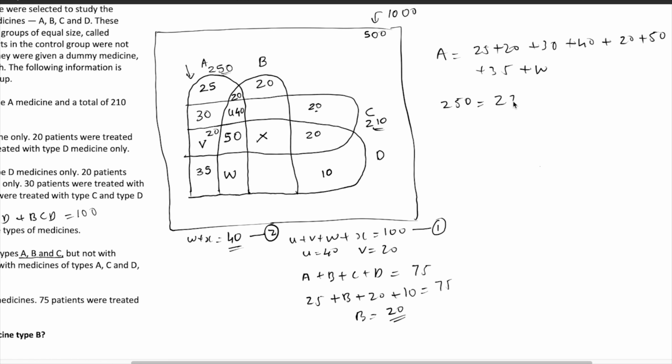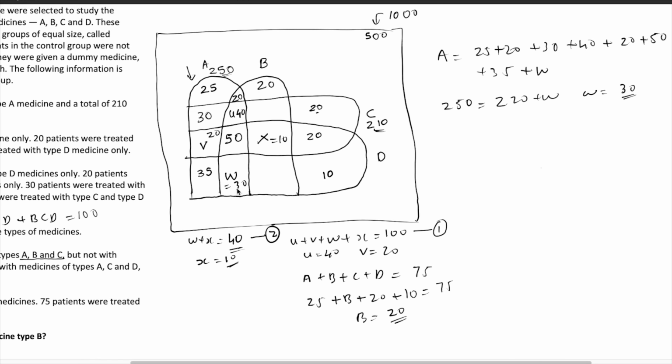So 220 plus W is equal to 250, so W is 250 minus 220, which is 30. So we got the value of W as 30, which means we can substitute it in equation number 2 and get the value of X as 10. So we got another value, let's write it here, X is 10 and W is equal to 30.